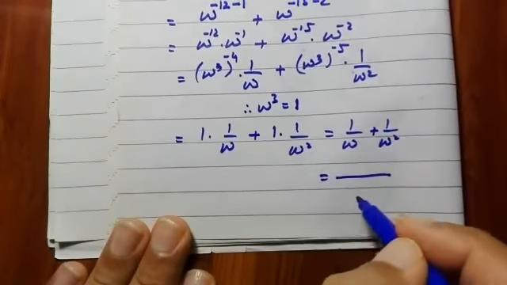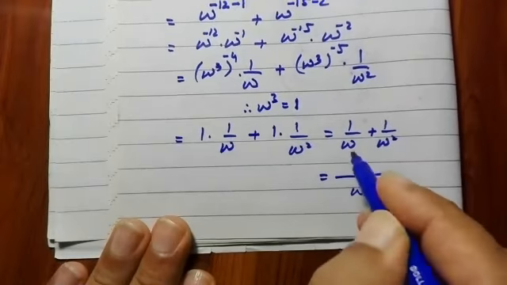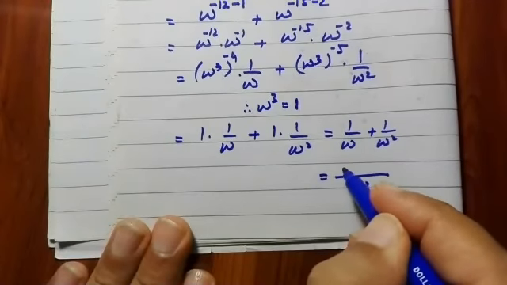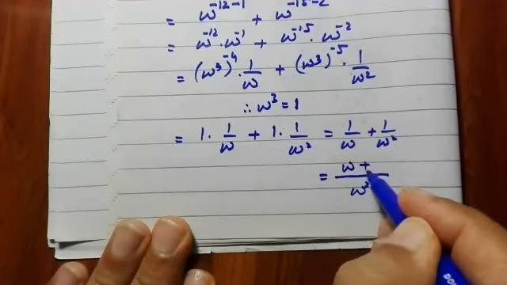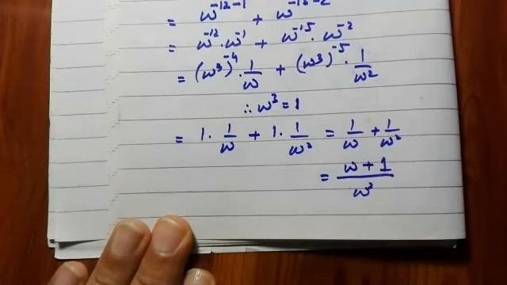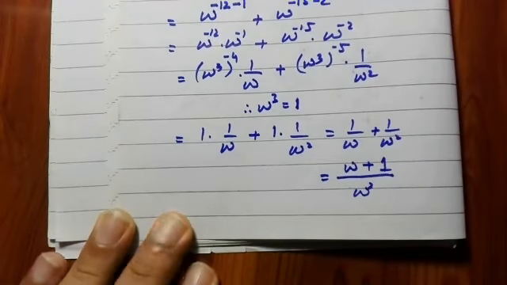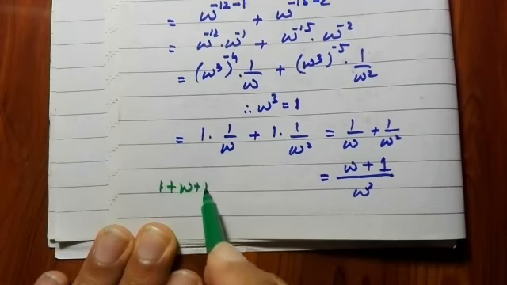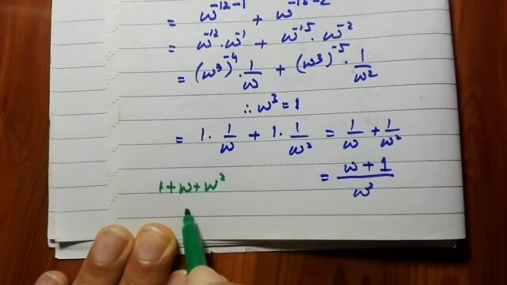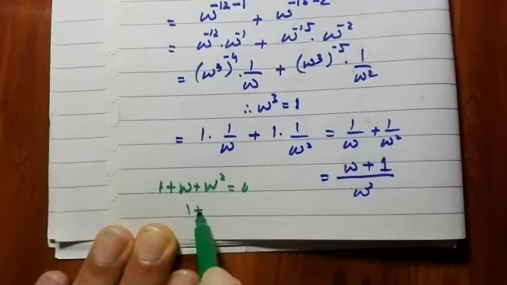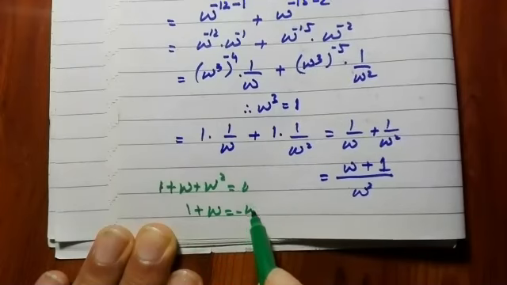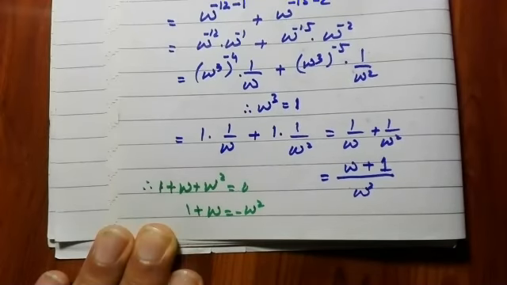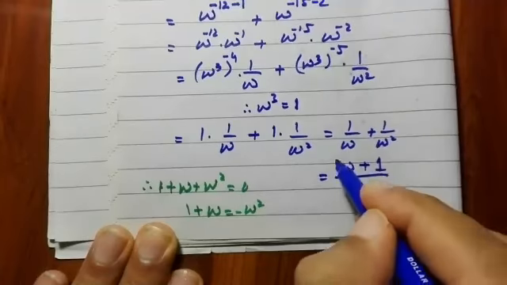The LCM of omega and omega square will be only omega square. So it will become omega from here, and it will be 1. Now here you will use the identity. I will write it on the left hand side: 1 plus omega plus omega square. If you derive the value of 1 plus omega from this identity, it is equal to minus omega square. So because of this reference, I will substitute its value.